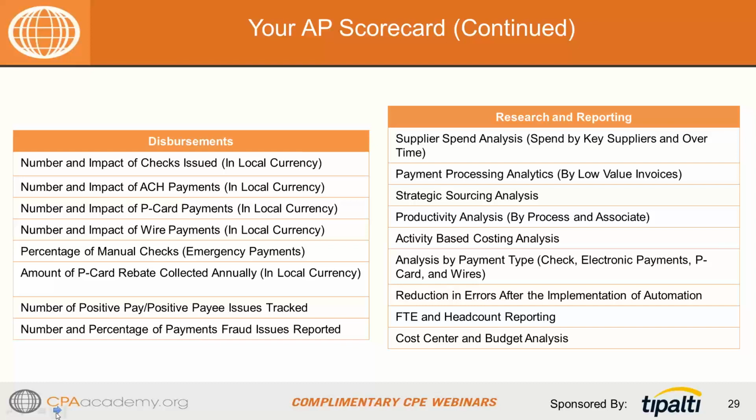And then the last one in this category is cost center and budget analysis.